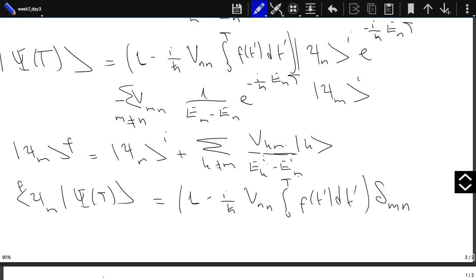Then let's continue. We have the first term times the second term in the second expansion. In the first, we take this one and this one. No, it's not necessarily 0.